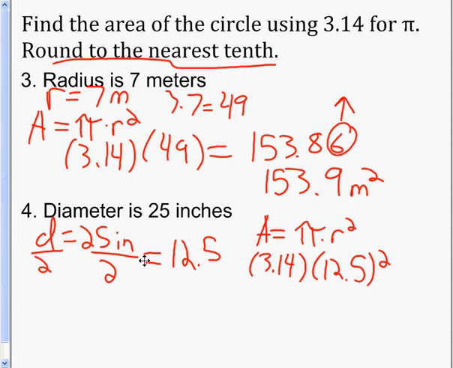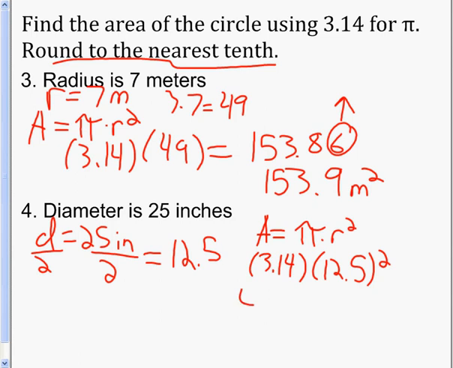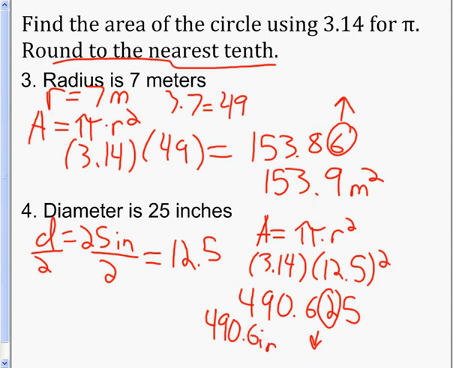Again, doing 12.5 squared first, times 12.5 times 3.14. Get 490.625. Then we need to round to the nearest tenth, so we're going to look at our hundredth position. 2 is less than 5, so we're going to keep it the same at 490.6 inches squared.